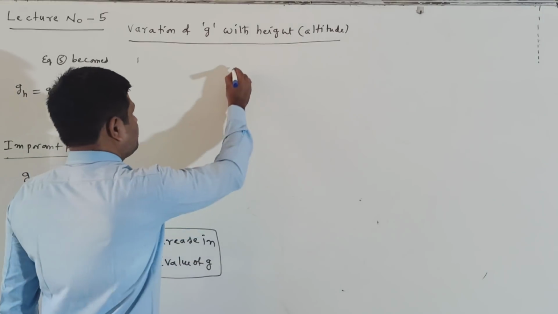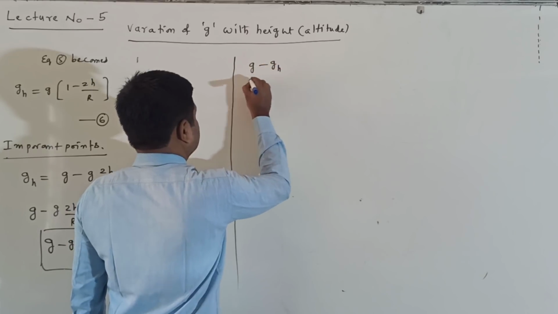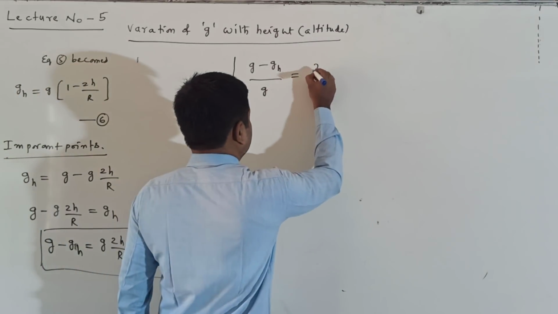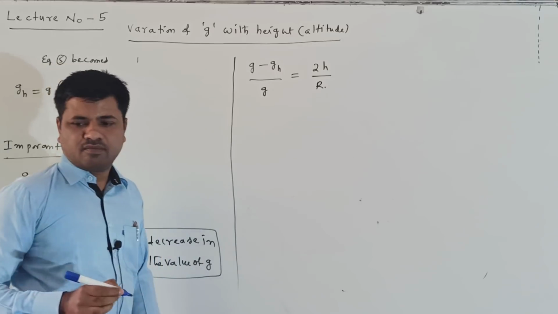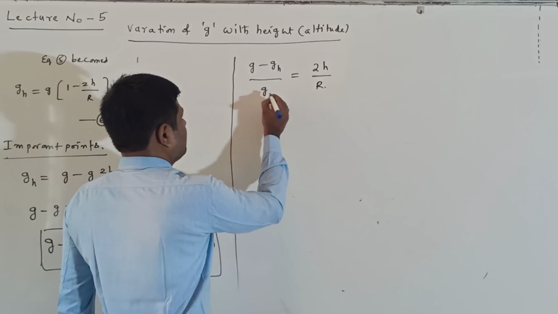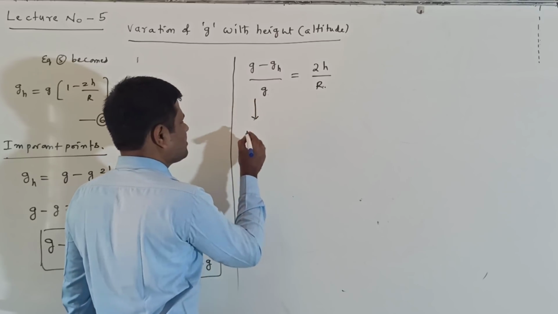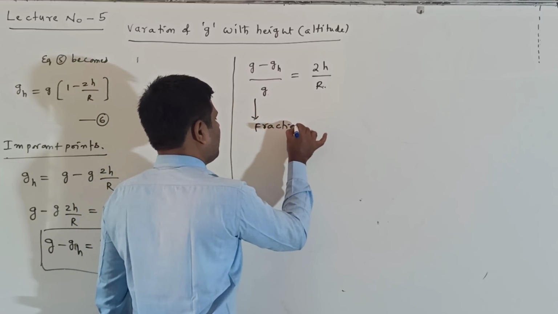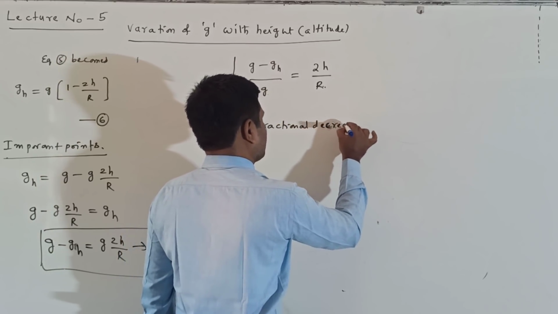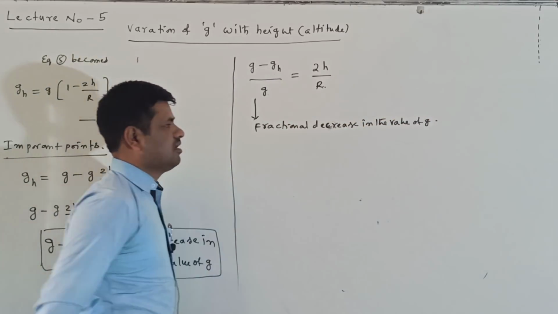Next I want to find g minus g_h by g. g minus g_h by g is equal to, we are getting 2h by R. This g minus g_h by g is equal to 2h by R, and this is called the fractional decrease in the value of g.